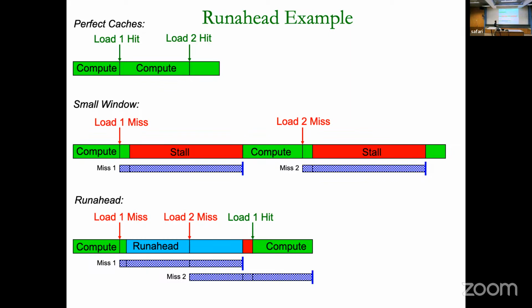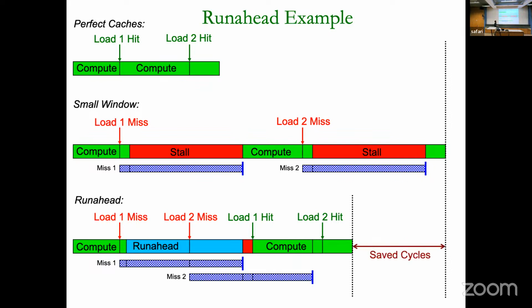By that compute, your miss 2 is probably ending. So when the load 2 access instruction finally comes in the actual execution, not in run ahead mode, it gets a hit. That ends this timeline, and those are the saved cycles. That's the whole idea of run ahead execution.